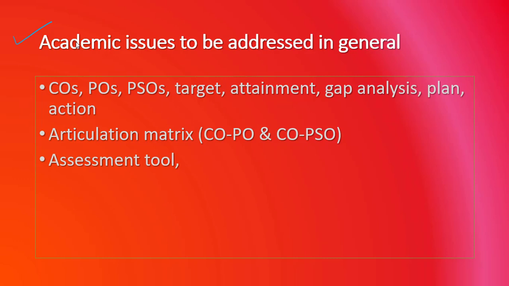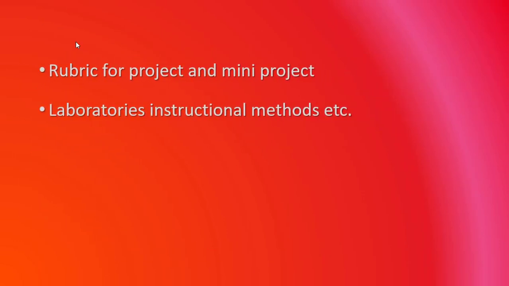The audit team also scrutinizes all assessment tools like internal or mid-semester examinations, quizzes, group discussion, poster presentation, etc. Rubrics for projects and mini projects, laboratories, instructional methods, etc. will be checked by the audit team. And this is not a complete list of activities, but a sample only. It may vary from institute to institute.